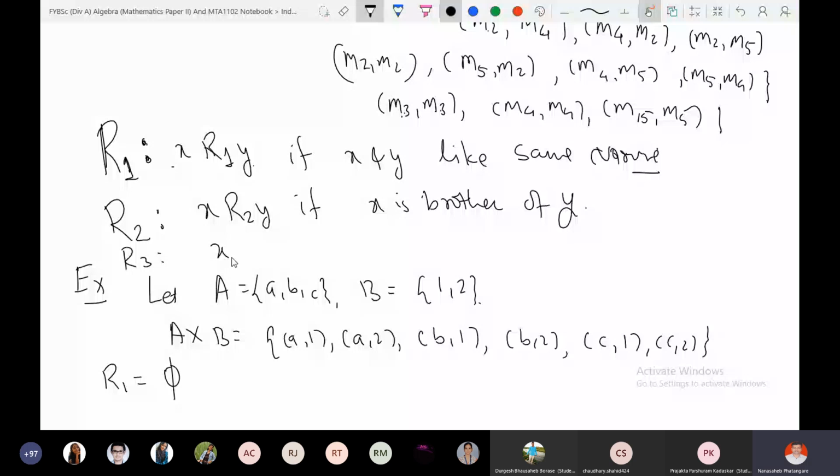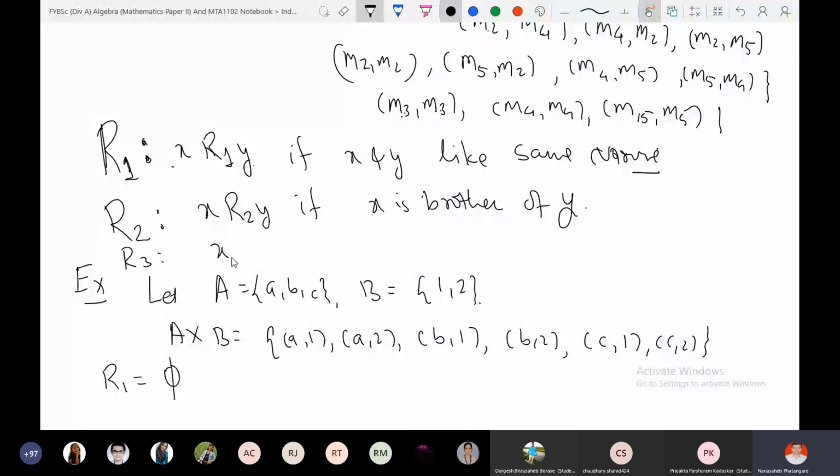Family members. Is it clear? My set is the set of family members. And now I am relating two family members if they are from different cities. Okay. Now what is the relation R3 in this case?